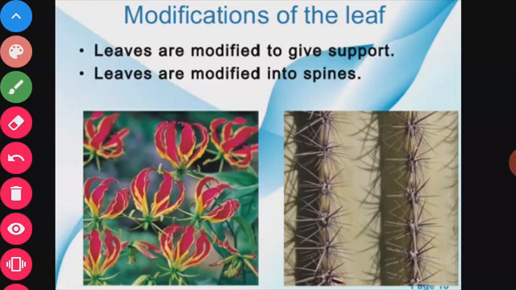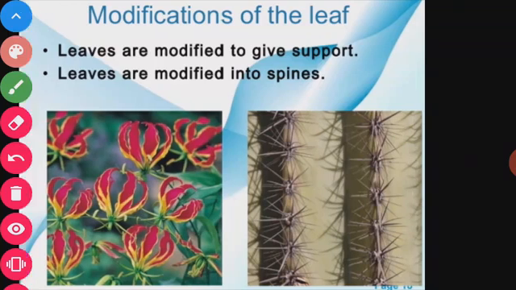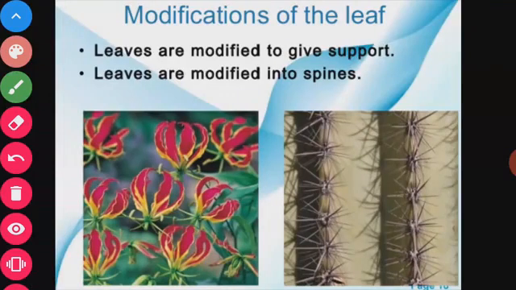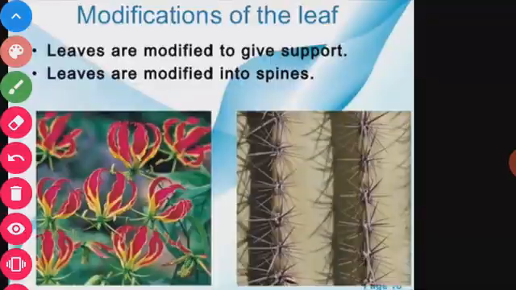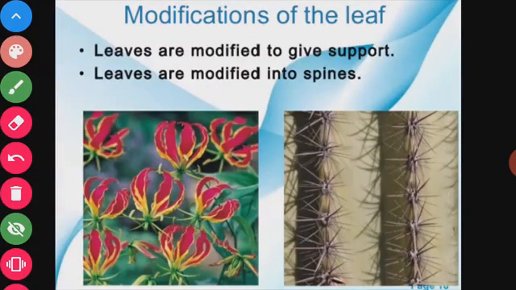It helps in storing water, and the stem also protects plants from grazing. You know that the stems that have spines, these spines which are present on the stem of opuntia or cactus plants, the animals cannot graze on them.